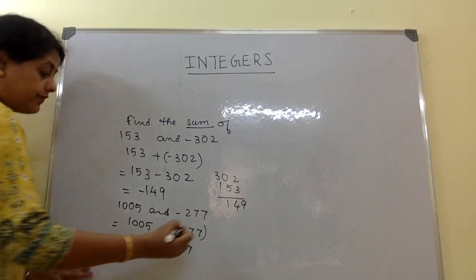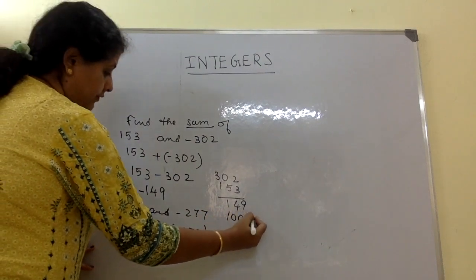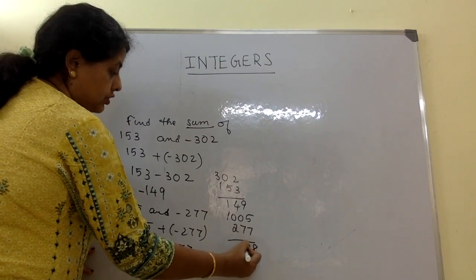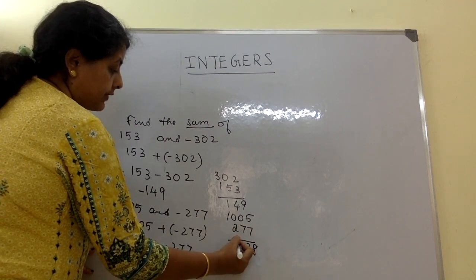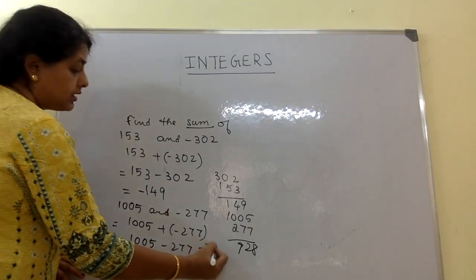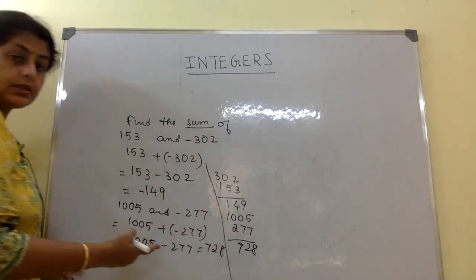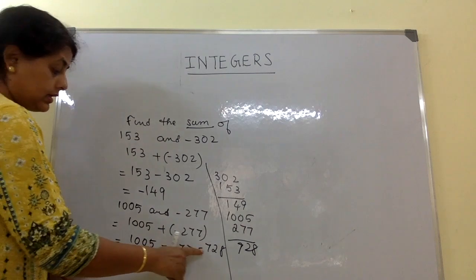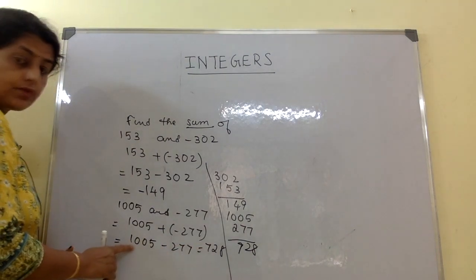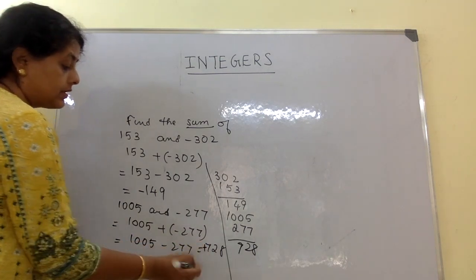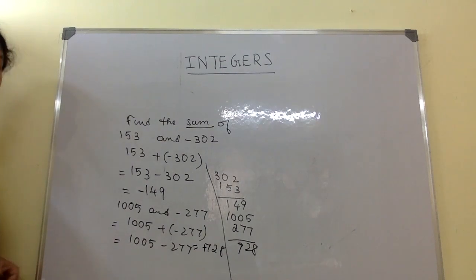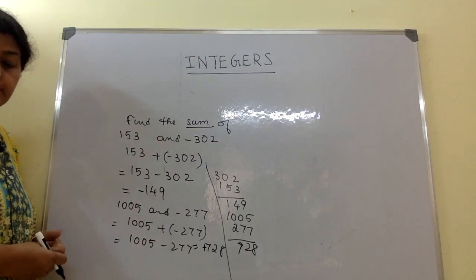Now I'll find the difference. 1005 277, this is how much? 8, this is 2, this is 3 and so this is 7, okay. So 728, but now time to decide on the sign. Sign has to be what? Sign has to be positive because 1005 is the bigger one and it is positive. So this is how we do integer addition, okay.